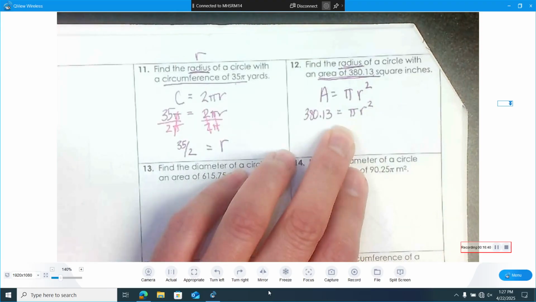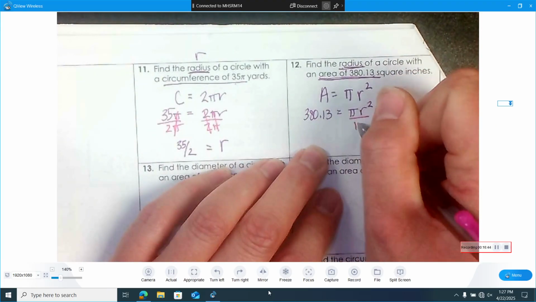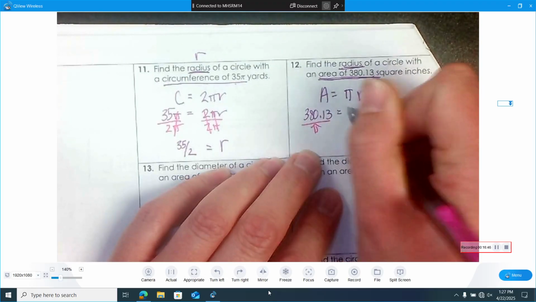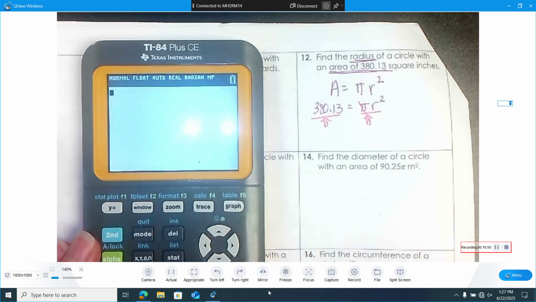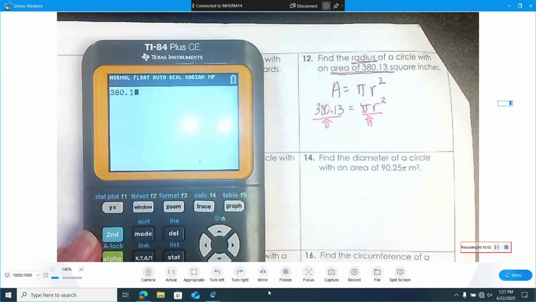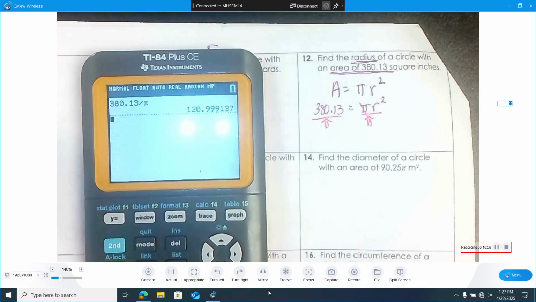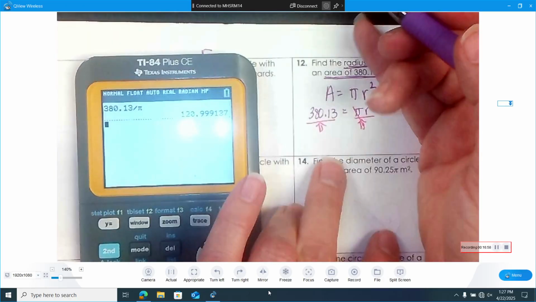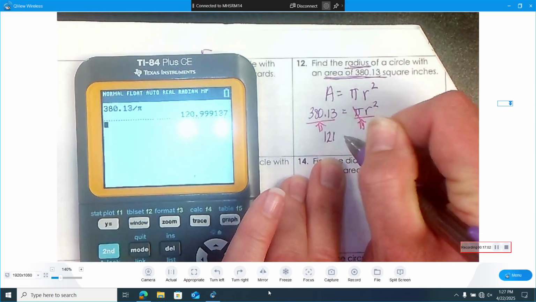How do we solve for the radius now? Divide by pi. Good place to start. Perfect. All right, I'm going to use my calculator here. 380.13 divided by pi gives me, ooh, can I just say that's 121?